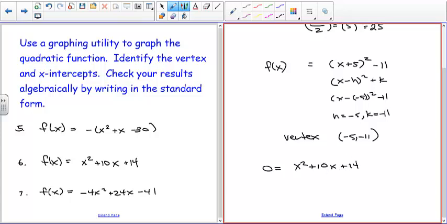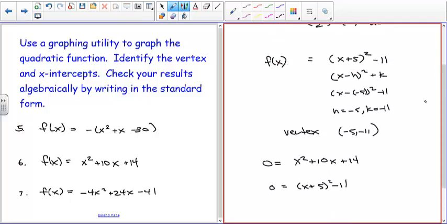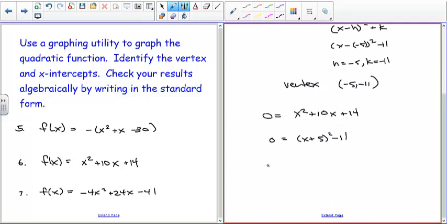So we could use the quadratic formula, or we could really start with the standard form and solve for x. So we take the equation in standard form, and we're going to add 11 to both sides, like that. Take the square root, so we'll get plus or minus the square root of 11 is equal to x plus 5. Or if we solve for x, x equals -5 plus or minus the square root of 11.